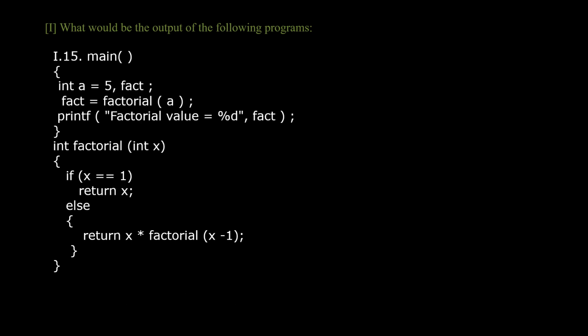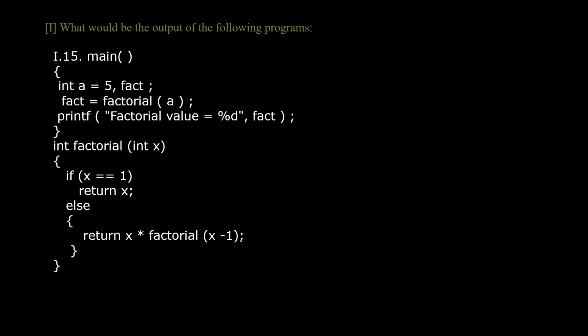Let's see the 15th question. A is equal to 5 and fact equal to factorial of A. We are passing 5 here, and in the factorial function if x is equal to 1 return x, else x into factorial of x minus 1. So it is 5 into factorial of 4 which gets executed, and again that returns 4 into factorial of 3.